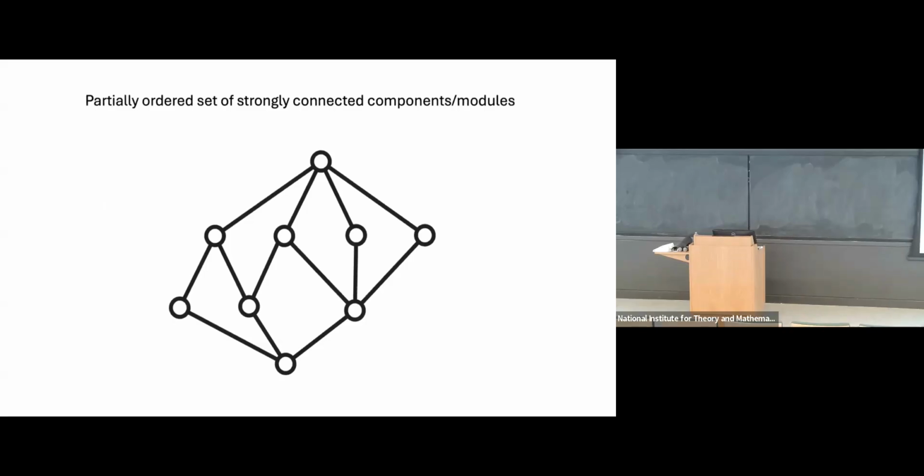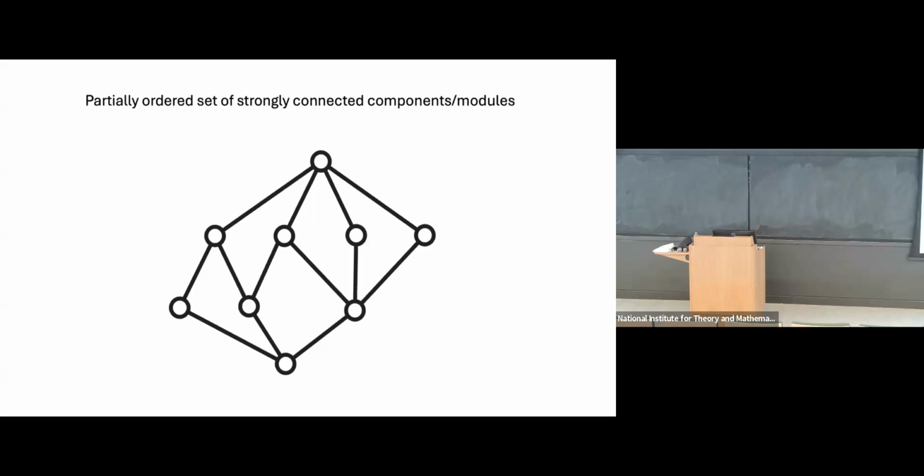So generally what you would get if you take a Boolean network and you take its dependency graph and you divide it up into strongly connected components, what you will get is you can represent this as a partially ordered set. So in this case, each of these nodes represents a strongly connected component in this dependency graph.